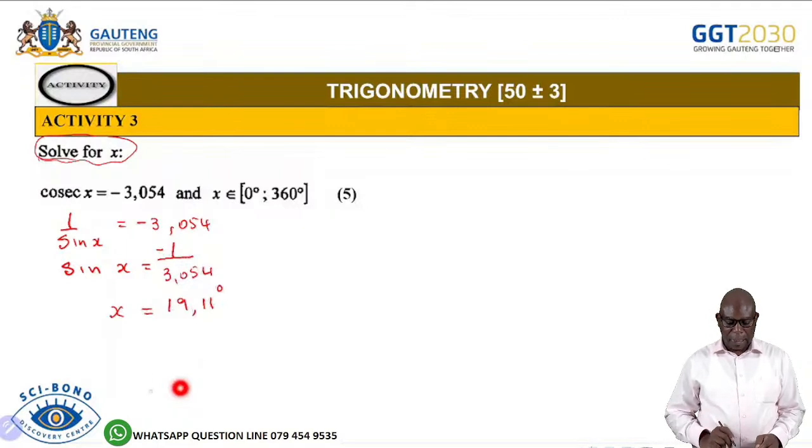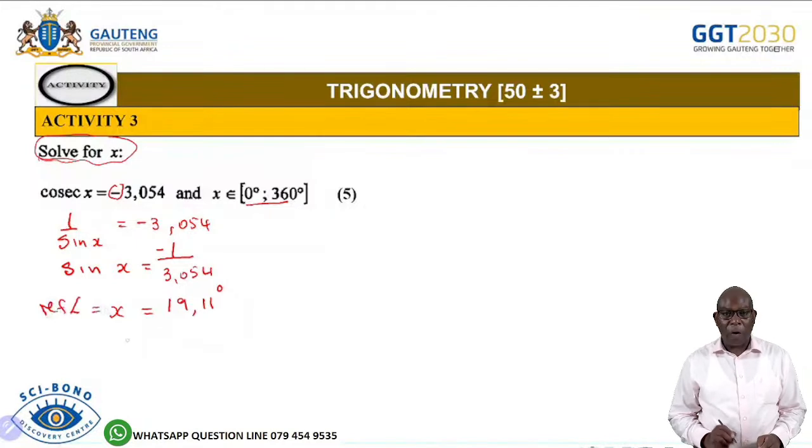Then there's the angle that we're going to get there: 19,11. But now remember, this is negative. Where is the sign of cosec negative? It will be in the third quadrant and the fourth quadrant, which means that this is my reference angle.